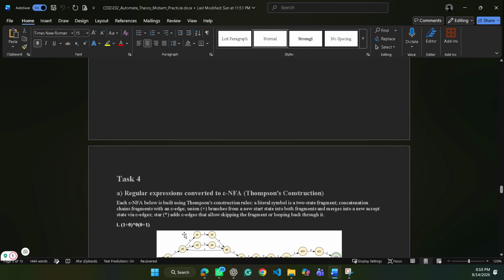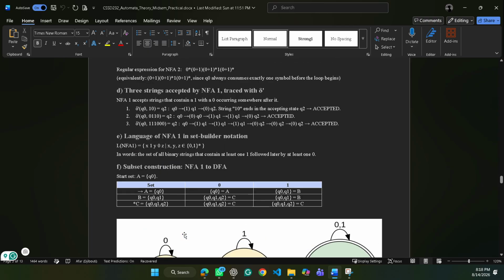From the behavior of NFA 1, we can identify its language as L. In simple terms, this means the NFA accepts all binary strings that contain at least one 1 followed by at least one 0.